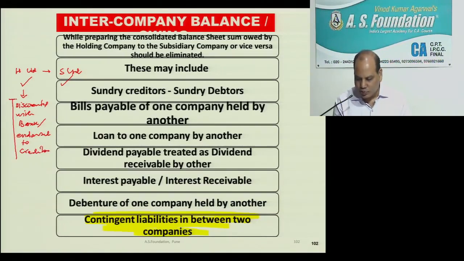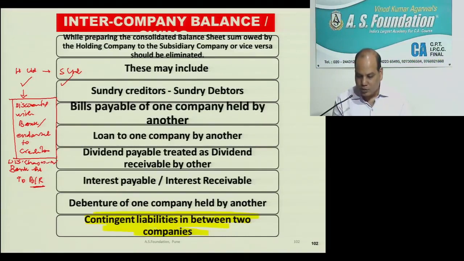So all of you have passed the entry for bill discounted with bank in the books of H. In separate books, bank account debit to bills receivable account, and if there is a discounting charge, that also you debit, discounting charges account debit, no problem. So we are not interested in discount charges account right now.